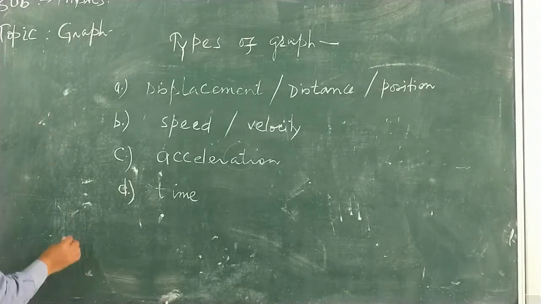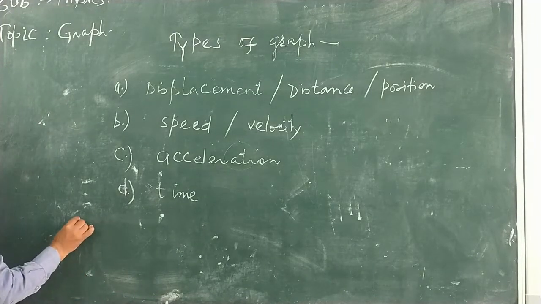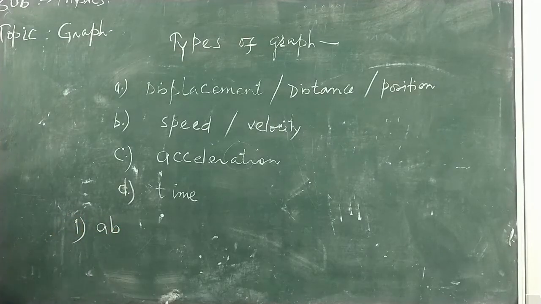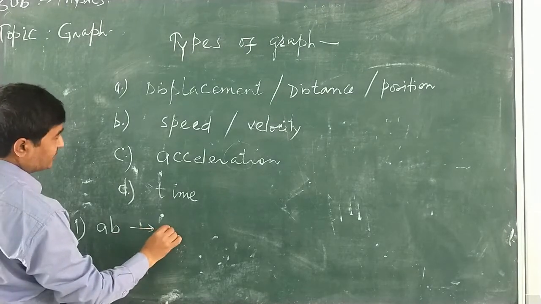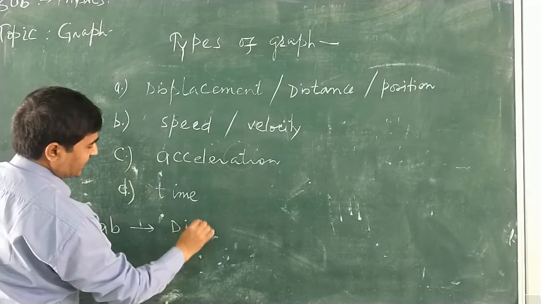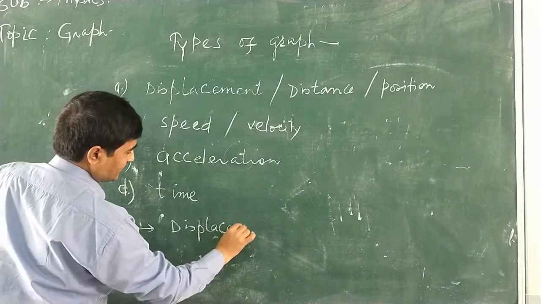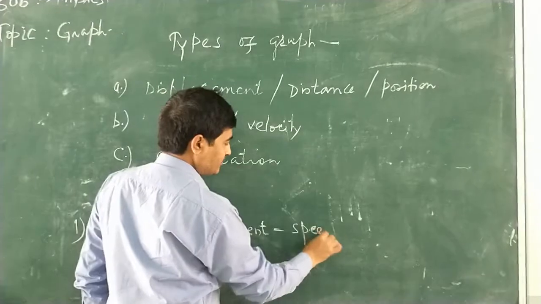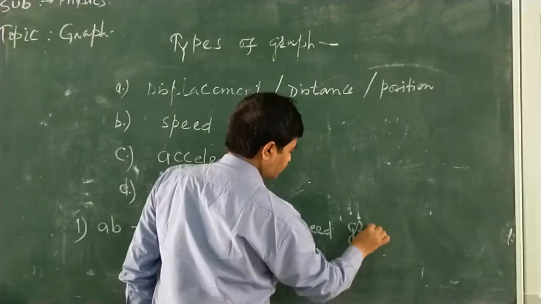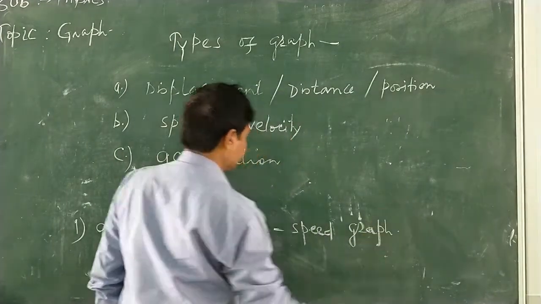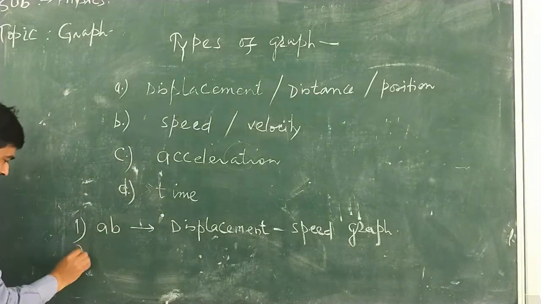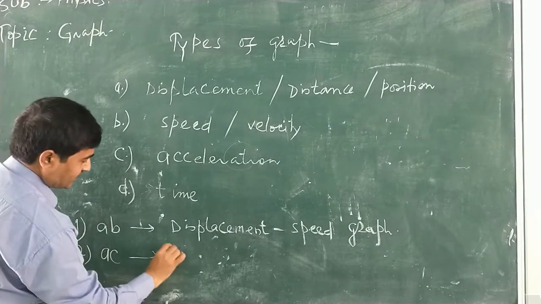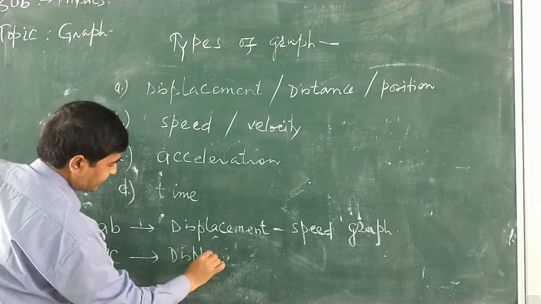Now we see the types of graph. Number 1, displacement speed graph. Number 2, displacement acceleration graph.